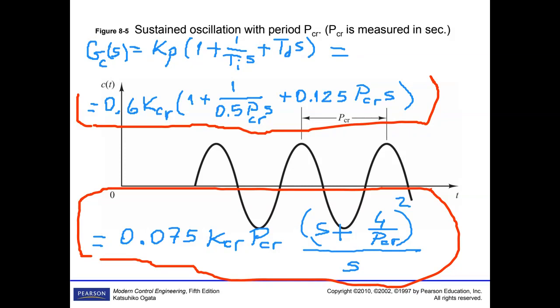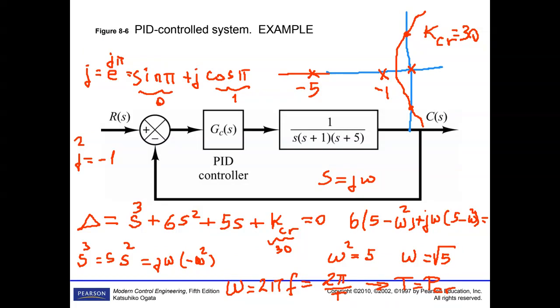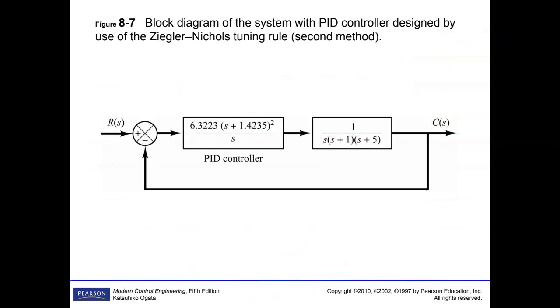And when you solve the problem here, you can see that the zero is somewhere at minus 1.4. So if you write S plus 1.4 equals 0, that means S is equal to minus 1.4.